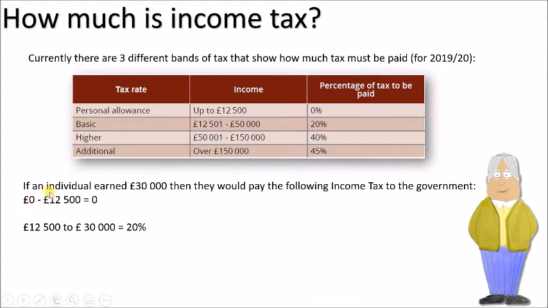Now there's a lot of numbers there, so let's actually start working it out. So if we've got an example of an individual who earns $30,000 a year, then they would pay the following income tax to the government. So on 0 to $12,500 they pay nothing. So if you look at this, their £30,000 is sliced up into portions, and between $12,500 and $30,000 they pay 20%.